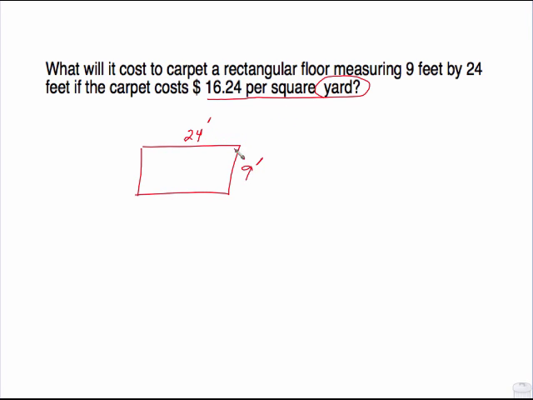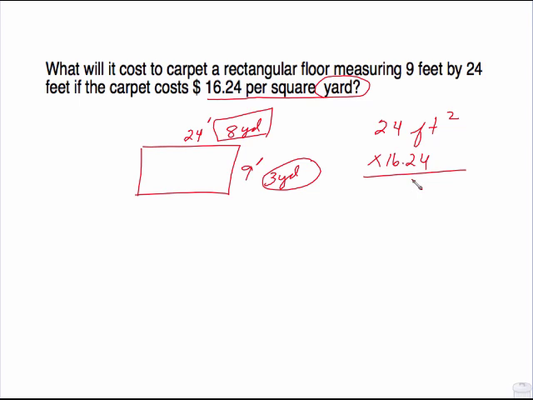We have to get these into yards. 24 feet, if you divide by 3, gives us 8 yards. 9 feet dividing by 3 gives me 3 yards. So the area of this rectangle is 8 times 3, which is 24 square yards, is my area. And it's going to cost me $16 per square yard.